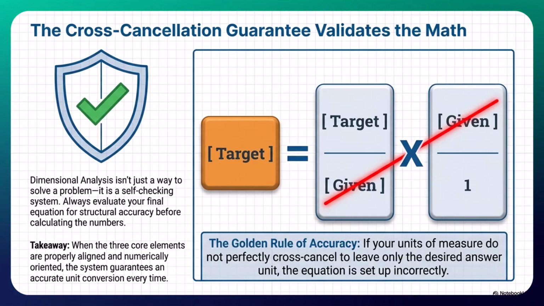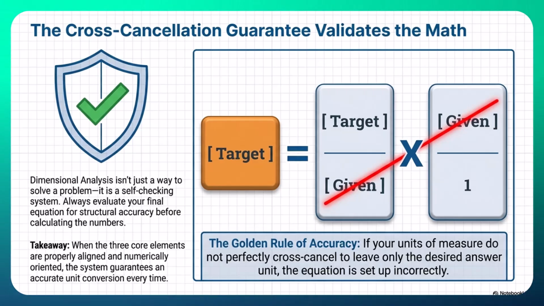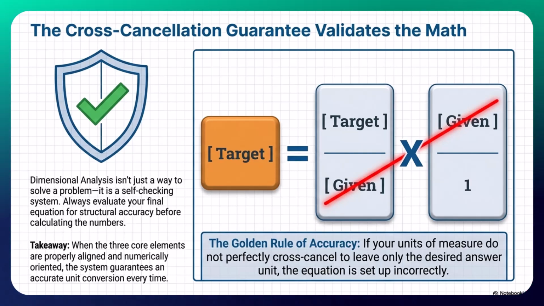In dimensional analysis, the cross cancellation guarantees and validates your math, okay? The golden rule of accuracy: if your units of measure do not perfectly cross cancel to leave only the desired answer unit, the equation is set up incorrectly. That's a clue for you. I set it up wrong.